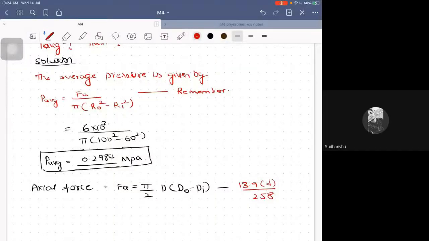So I hope there is another parameter in between. According to my knowledge, I'm not sure, there must be some parameter in between. Just check this equation, 13.9d, page number 258.